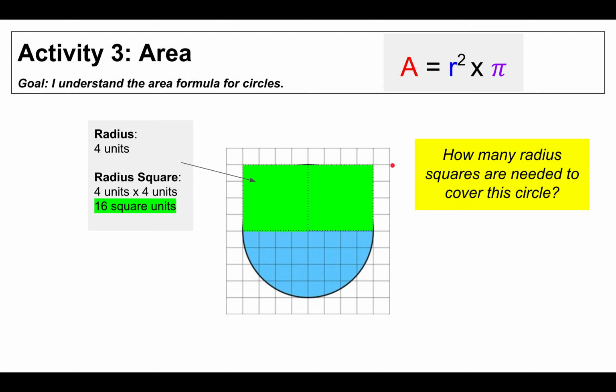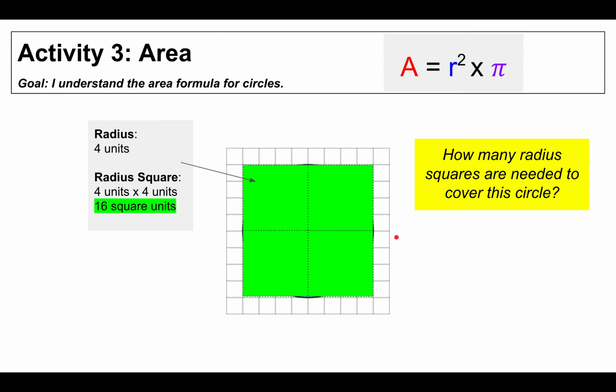So 2 radius squares doesn't cover it. 3 radius squares. We're doing better, but you can still see there's quite a bit of circle that's not covered up. So 1, 2, 3 radius squares, not enough. 4 radius squares. Now 4 radius squares definitely covered up this circle, but there's a problem.